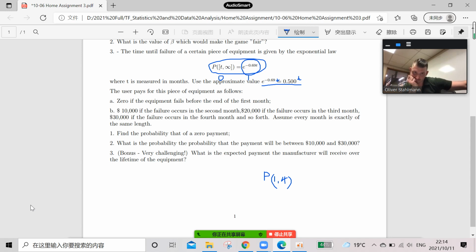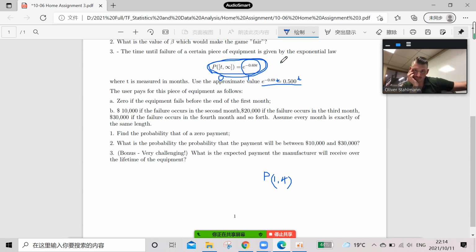So basically, you take 3 probabilities and sum them up, right? Yeah, this is a correct way, absolutely. But first you have to understand this formula here, in order to calculate the probability of failing in every month. What does this actually mean?